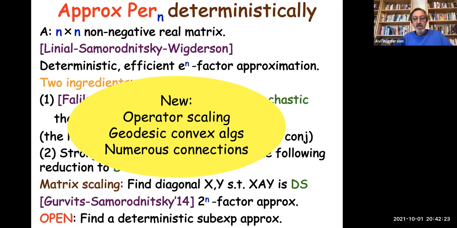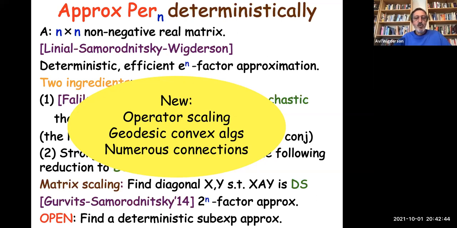These are algorithms that do what Euclidean convex algorithms do, but in the more general setting of Riemannian manifolds. And there are many connections to lots of areas of math, and I'll just flesh out, so you see how rich these connections are.